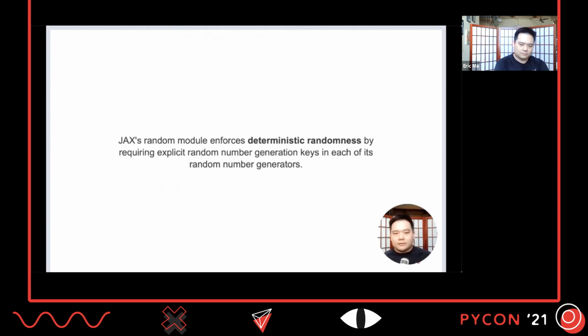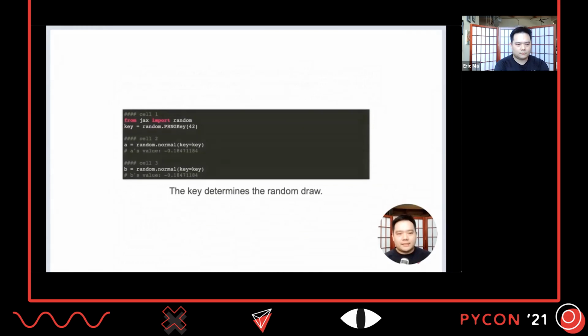But JAX, by contrast, enforces full explicitness and therefore determinism in our random number draws by requiring a pseudo-random number generator key, analogous to the random seed that we set, to be explicitly passed into each of the random number generating functions. As you can see in this code cell, the PRNG key basically determines the draw, right?